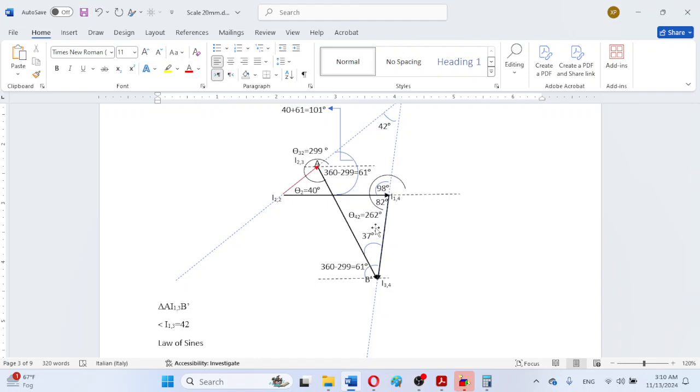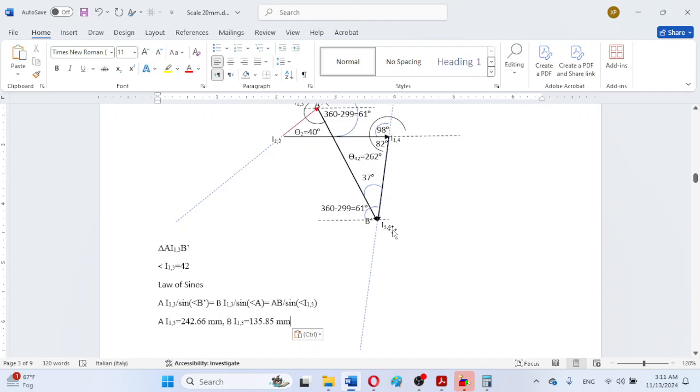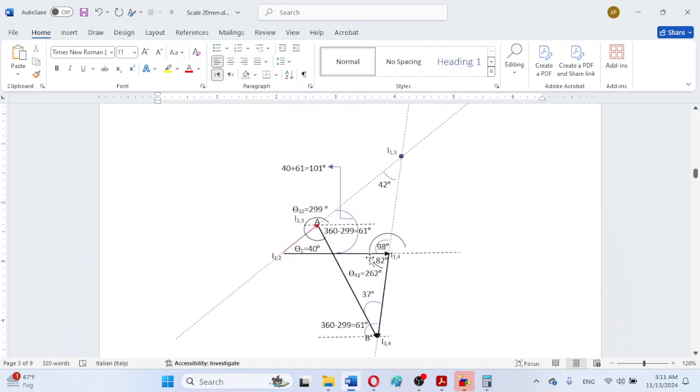Sine of 37 comes out to be 72.21. Sorry, we will be multiplying 120 with the sine of beta dash, so that is sine 37, and that comes out to be 72.21, and that will be divided by the sine of the angle at I1,3, so that is 42 degrees.